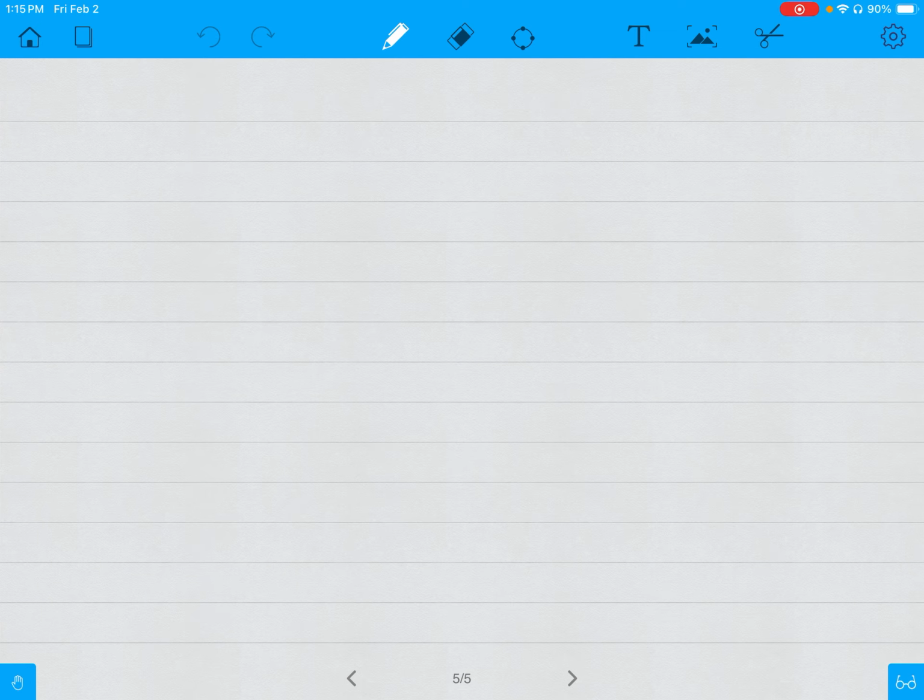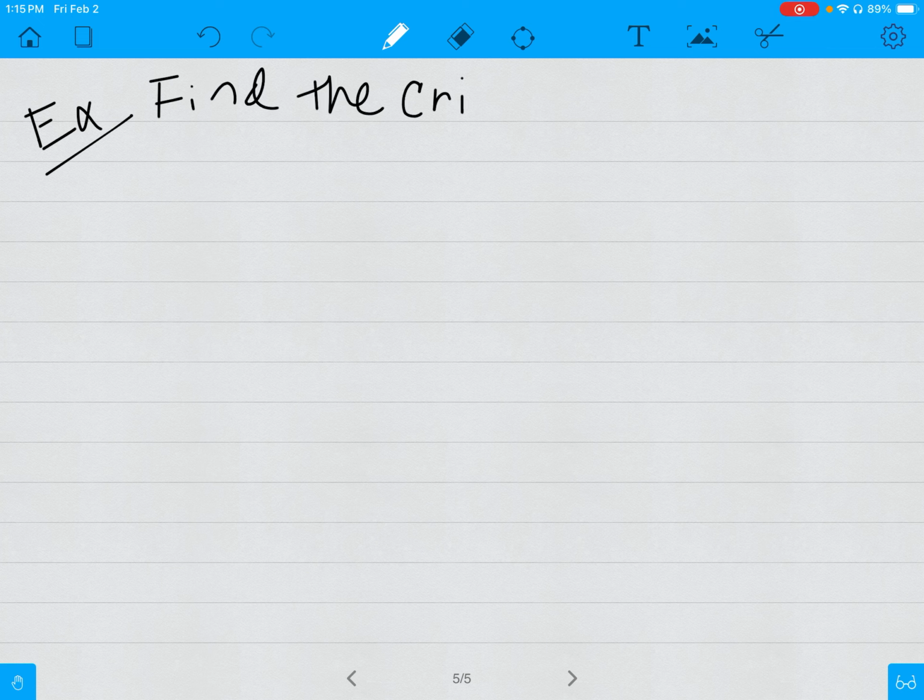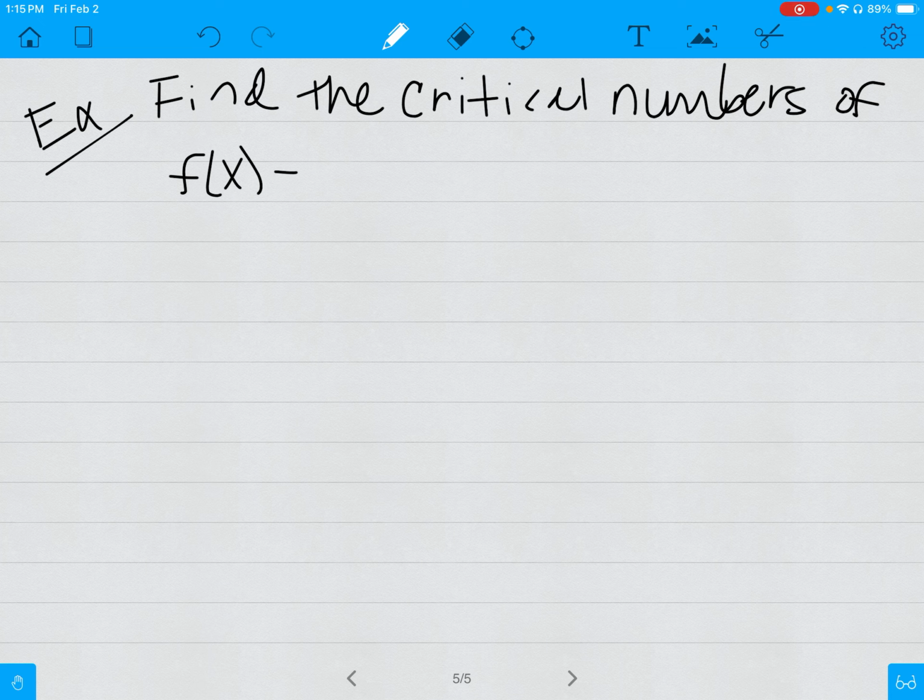So let's say, as an example, I wanted to find the critical numbers of f of x equals x cubed plus 3x squared minus 9x plus 4.